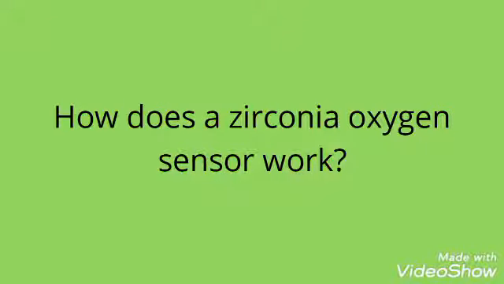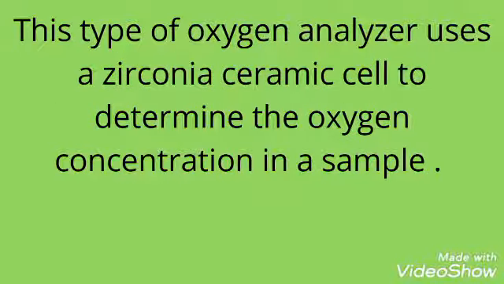The second type is the zirconia oxygen sensor. So we will learn how the zirconia oxygen sensor works. It uses a zirconia ceramic cell to determine the oxygen concentration in a sample gas.